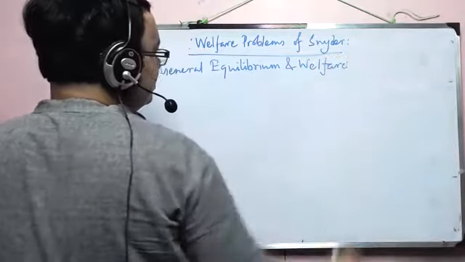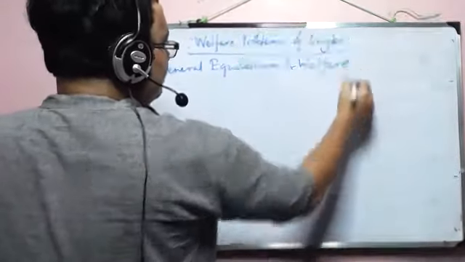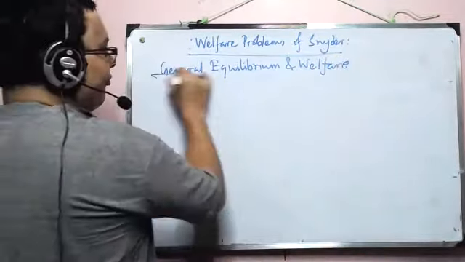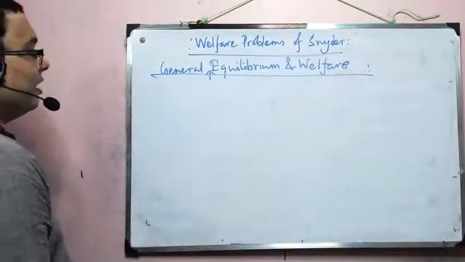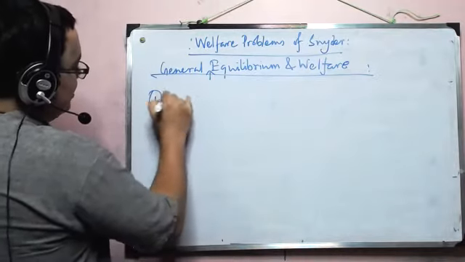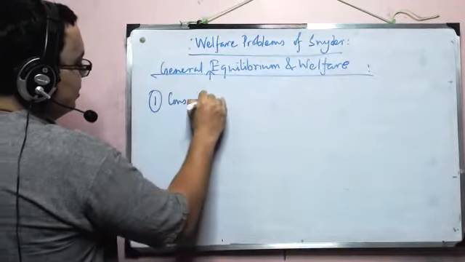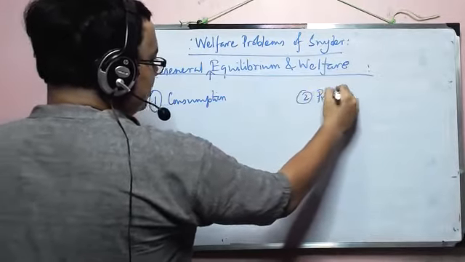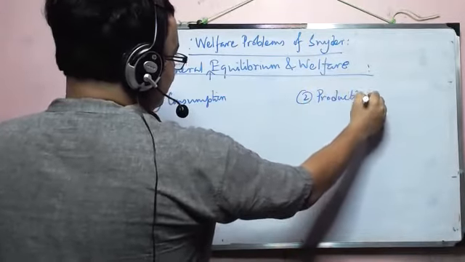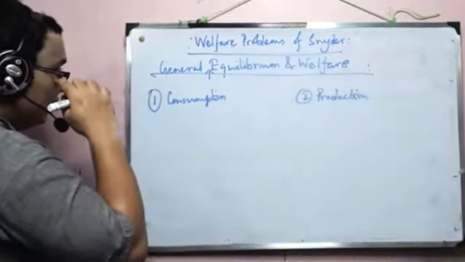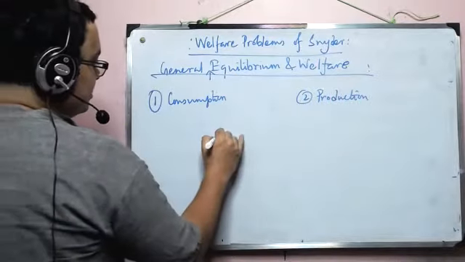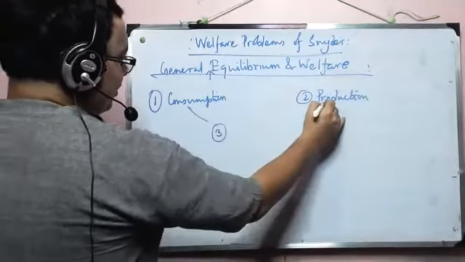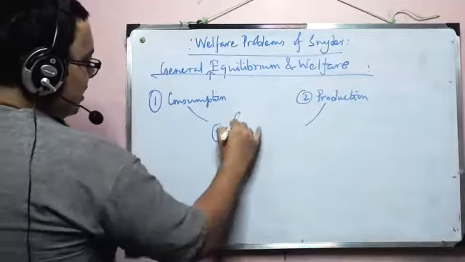For example, general equilibrium as a topic has three distinct parts. Number one is consumption, and number two is production. These two are separate. And there is a third thing which connects these two, two entities which connect them.